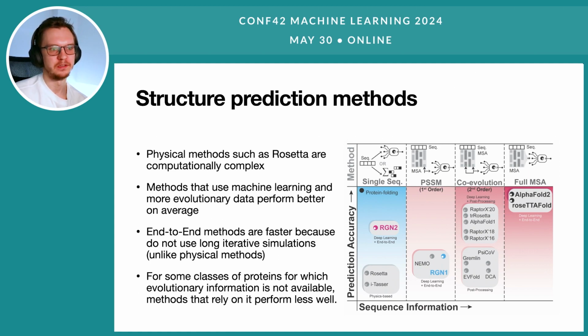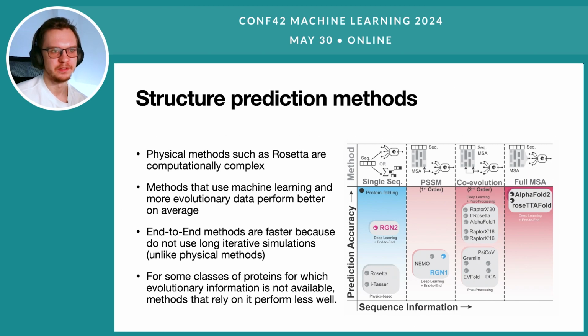So the next thing is methods using PSSM. PSSM is derived from multiple sequence alignment, and it is a statistic about each and every position of the multiple sequence alignment.